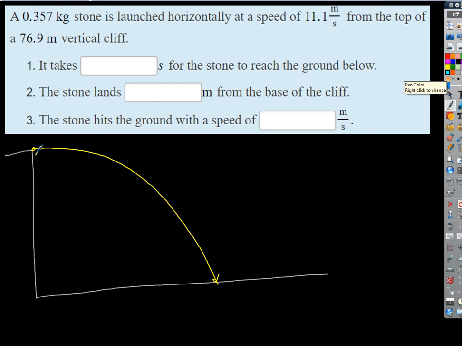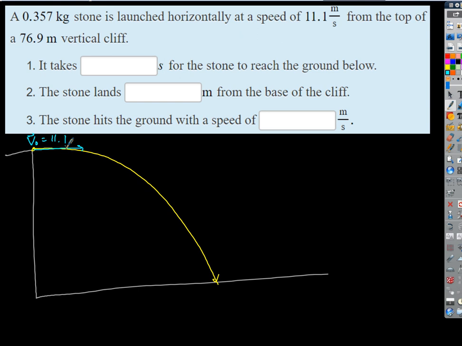Okay, pointing sideways, pointing horizontally to the right. Everybody agree? Okay. And the magnitude would be 11.1. Standard units.